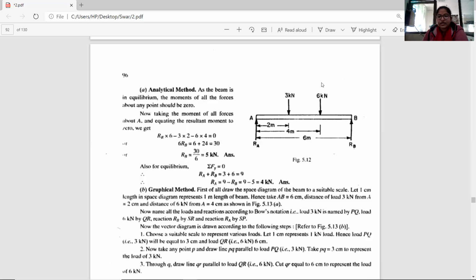I took minus 9 to the other side, then Ra plus Rb equals to plus 9, because a negative sign becomes positive if I take any magnitude to the other side of the equal sign. Then Ra plus Rb equals to 9. That is my first reaction.